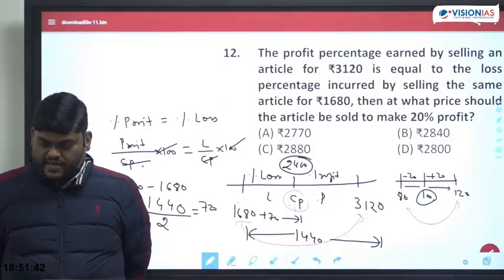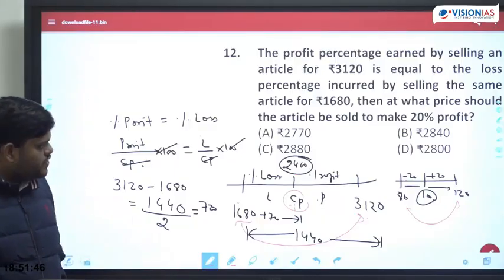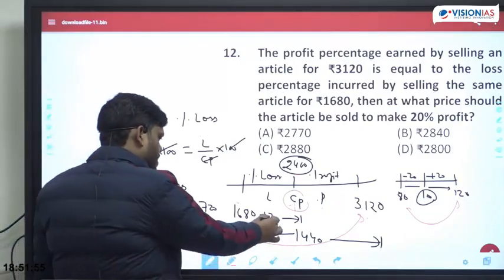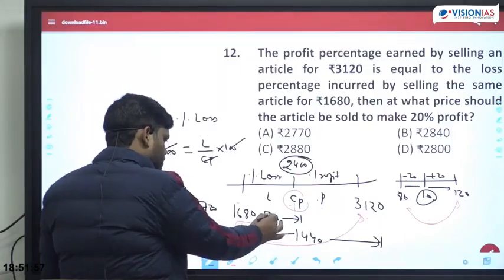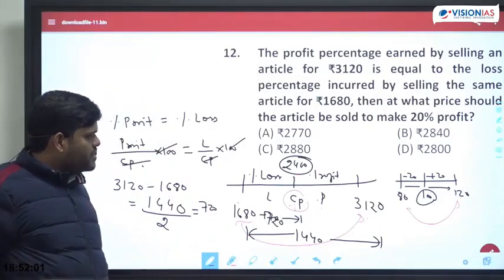I'm not able to identify what mistake I'm making. It's 2380, how come 2380? This is 720. We are adding 720 to 1680. This will be 2400.